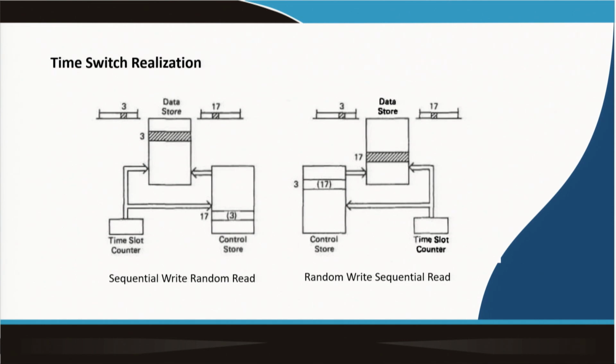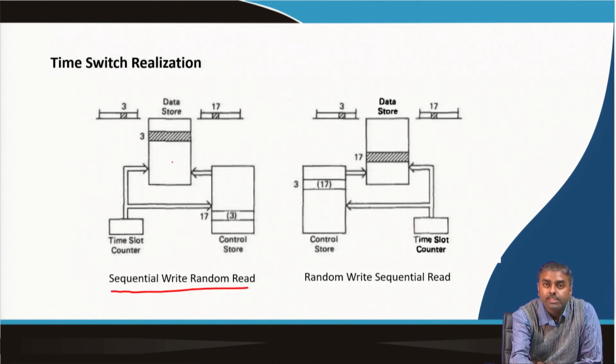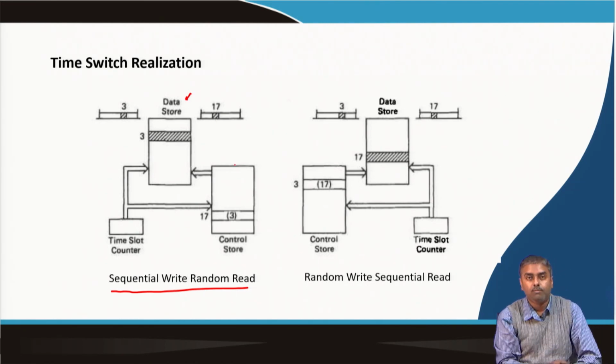Now, as we were discussing, the time switch can be realized in two different ways. One is, as we have said, sequential write and random read, the one I was doing in the earlier demonstration. You are writing them sequentially, one after another, and then while reading from the data storage, you are reading them randomly according to your buffer location.